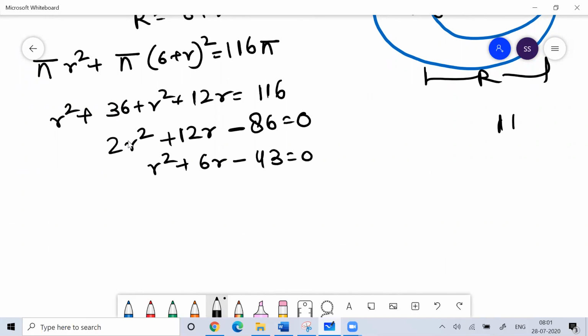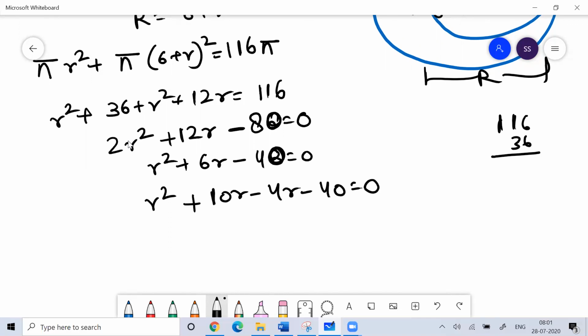One minute, let me just confirm. 116 minus 36 is 80, so this would be 40. So I can write r square plus 10r minus 4r minus 40 equal to 0.